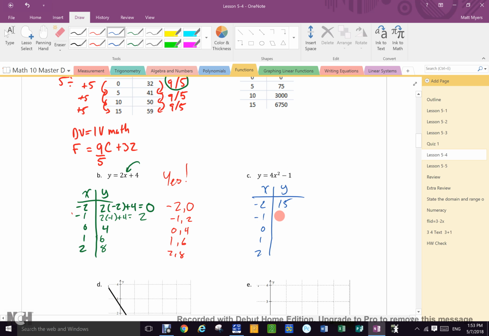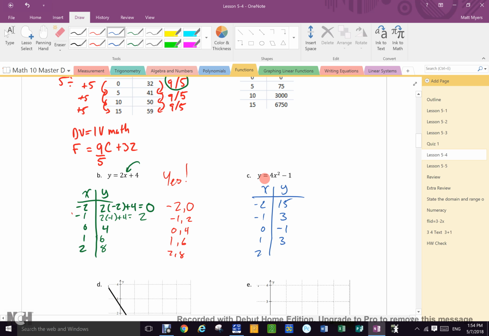Minus 1? 3. What's 0 squared? 0 times 4? 0. Minus 1? -1. What's 1 squared? Times 4? Minus 1? 3. What's 2 squared?